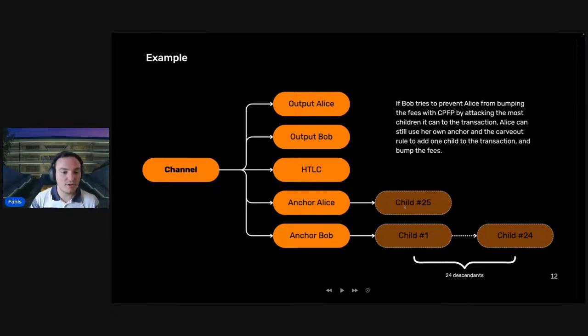But once we are in this situation where Bob has created the 24 descendants and Alice has created one to bump the fees of the transaction, then we are full and we cannot create any additional descendants for the transaction. But Alice only needed one child in order to bump the fees, so that's okay, and we have reached our goal.